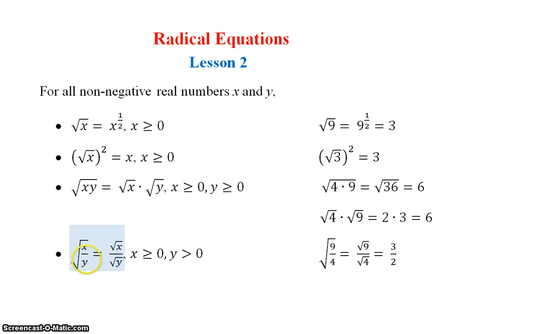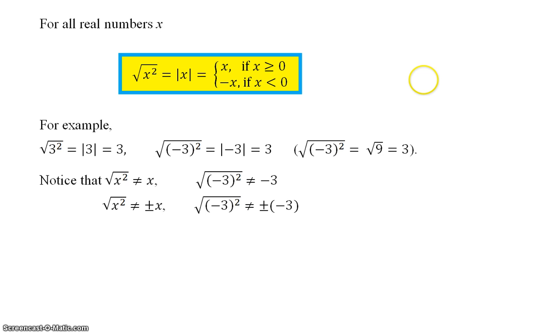Square root of the quotient equals the quotient of the square roots. X is a non-negative real number and y is positive. For example, square root of 9 over 4 equals square root of 9 over square root of 4. Square root of 9 is 3, square root of 4 is 2. The next very important property.